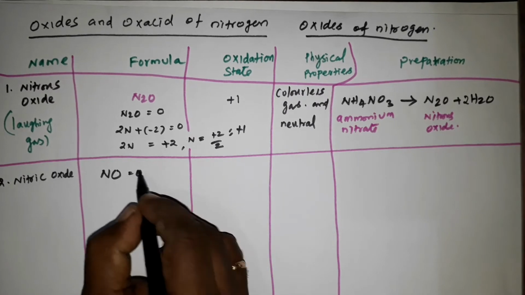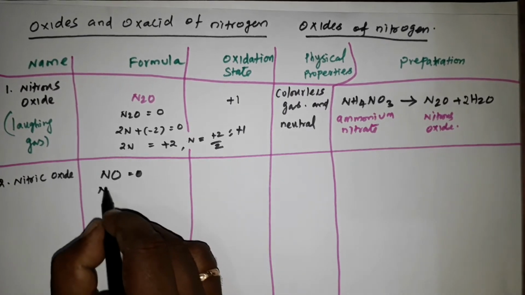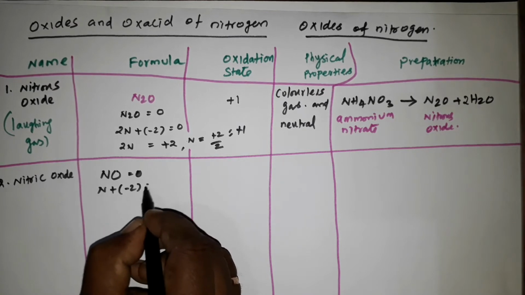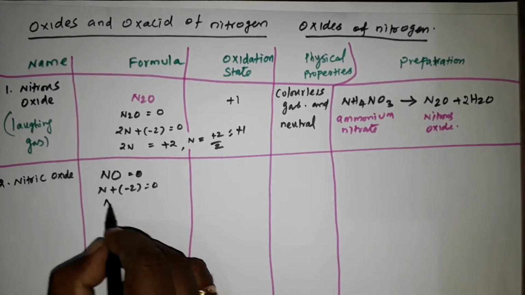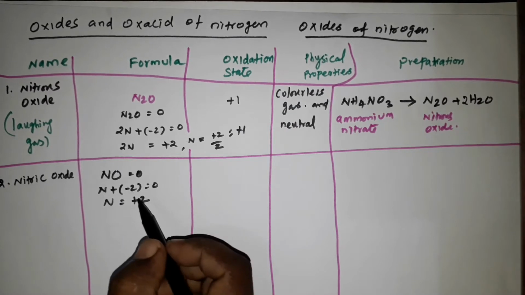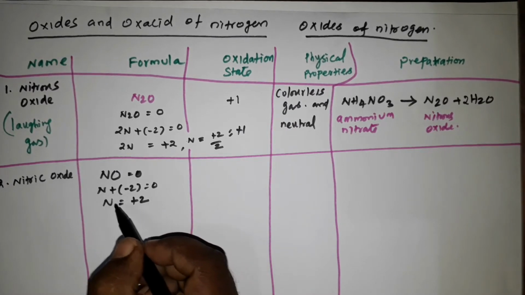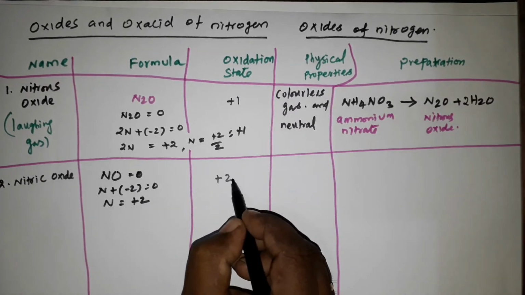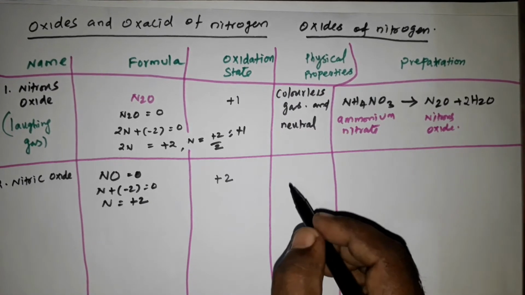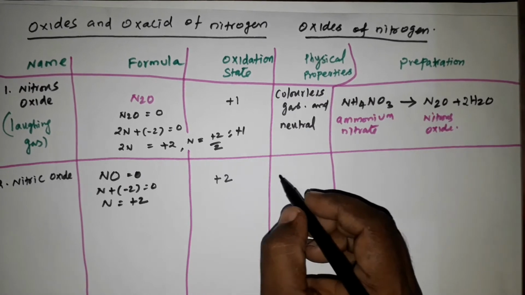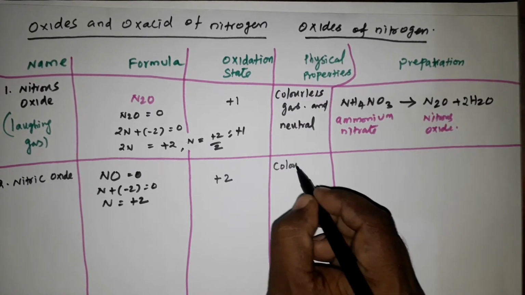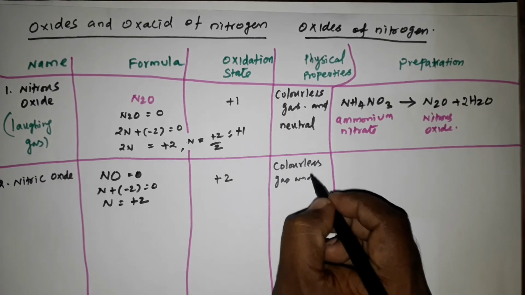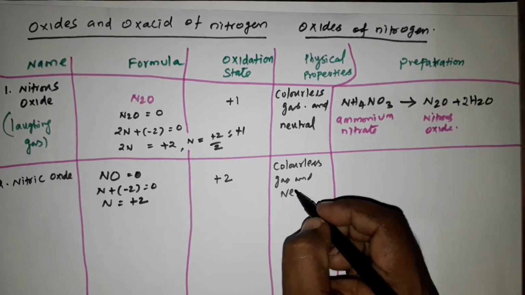Then what is the oxidation state for nitrogen? N plus oxidation number for oxygen, which is -2, equal 0. Then N equals +2. So the oxidation state for nitric oxide is +2. Then physical properties: it is a colorless gas, and it is neutral, not acidic, not basic.